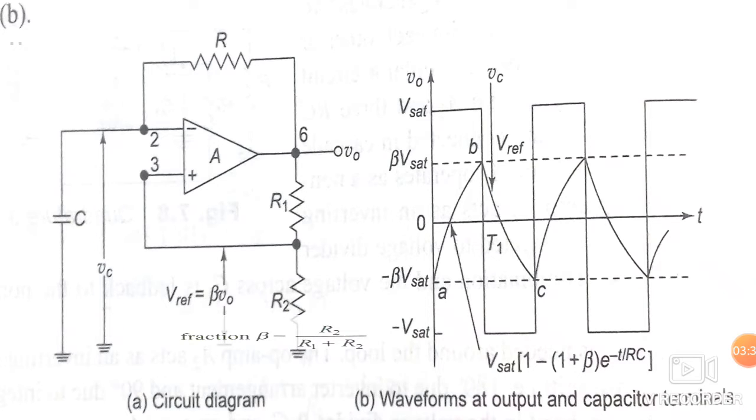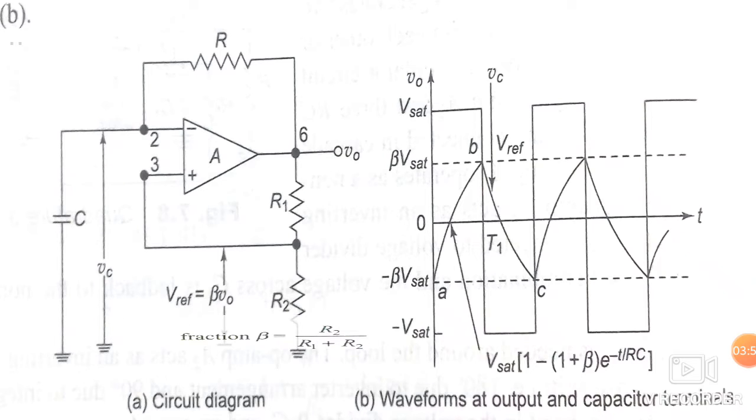This will be the positive polarity and this will be the negative polarity of the capacitor voltage, which is defined as the voltage across this capacitor.